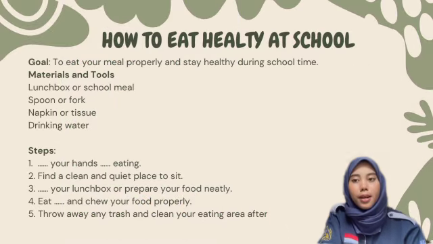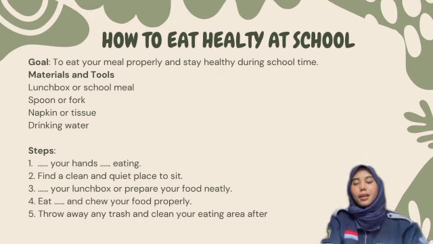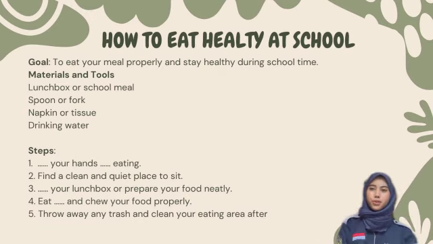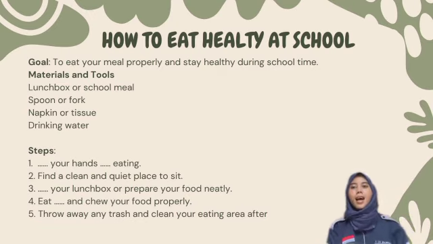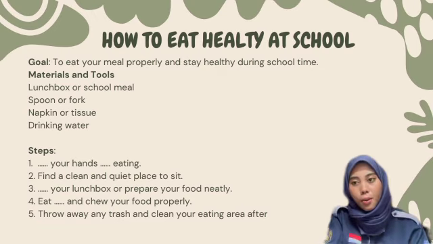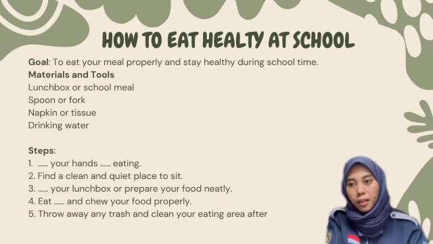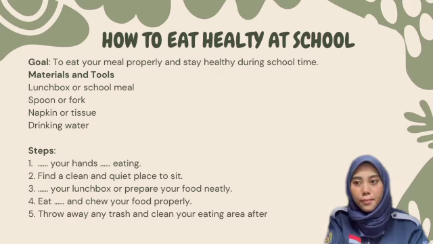And now, let's see the example of a procedure text behind me. The title is How to Eat Healthily at School. The goal is to eat your meal properly and stay healthy during school time.